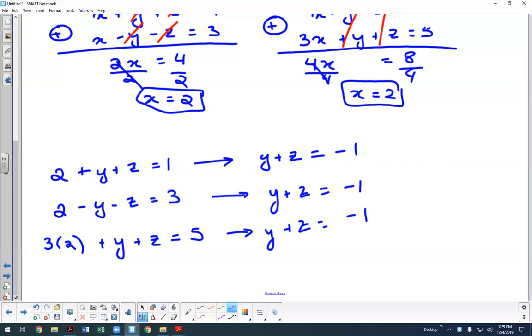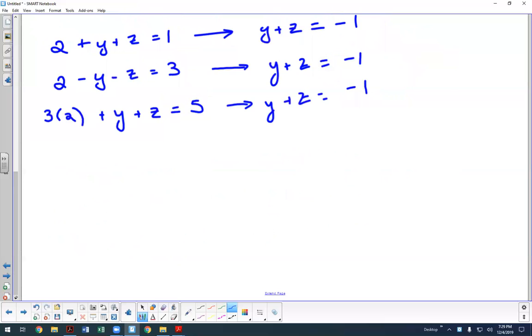Now here's the part where you've got to be careful about how you write your solution set, because we're not going to get one number for x, one number for y, one number for z here. A lot of times your MyMathLab tells you how it wants you to write the answer.